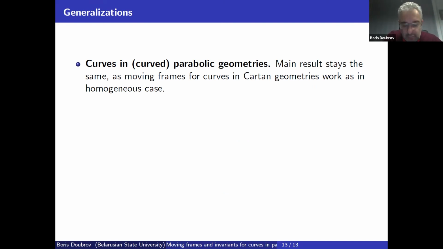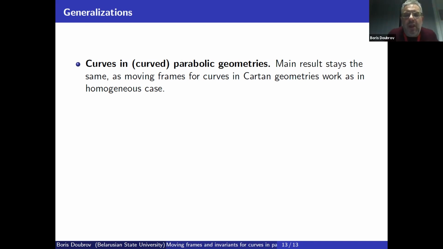In particular, of course, omega, like a Maurer-Cartan form on a Lie group, does satisfy the equation d omega plus omega omega equal to 0, while on curved parabolic geometries, d omega plus omega omega is just a curvature tensor. But nowhere in the proofs and in the definitions did we use that d omega plus omega omega might be 0 or non-zero. So in case of curves, actually, the complete theory works for any curved parabolic geometry.